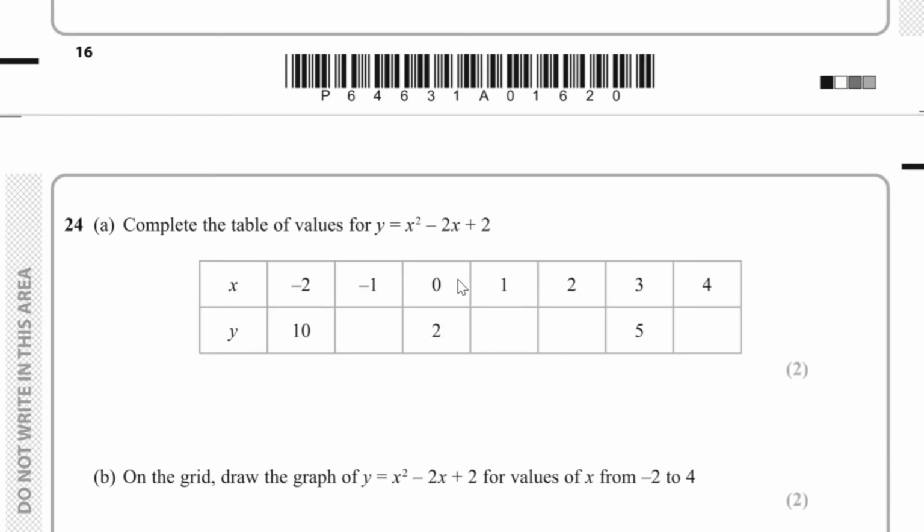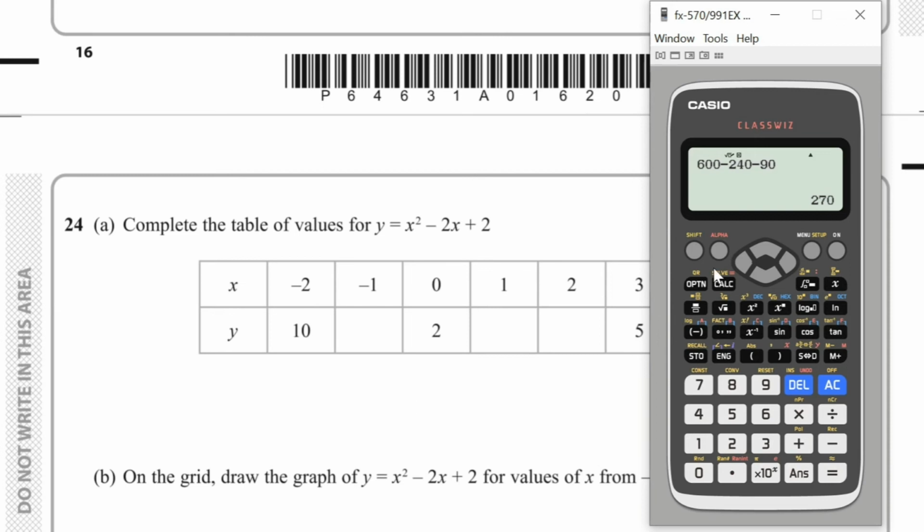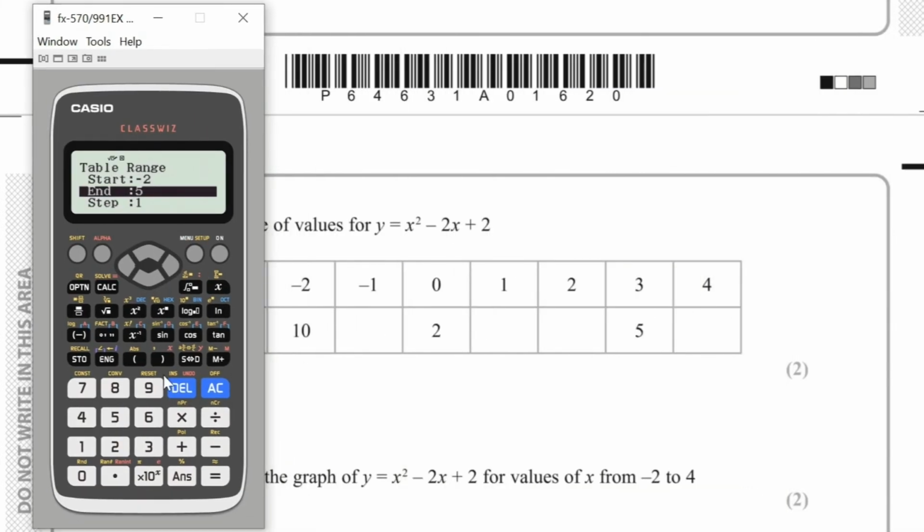Question 24, for part A, we have to complete the table of values for y equals x squared minus 2x plus 2. Well, from our calculator, if we go to the table sub-menu, we can type in our function x squared subtract 2x plus 2. We are starting at -2. We are finishing at 4. We are going up in ones.